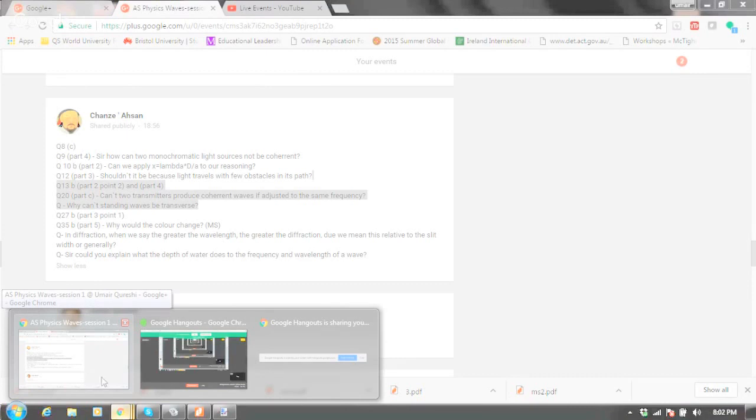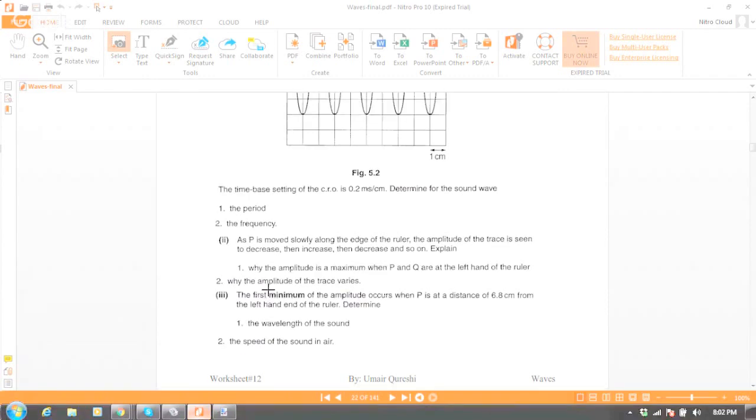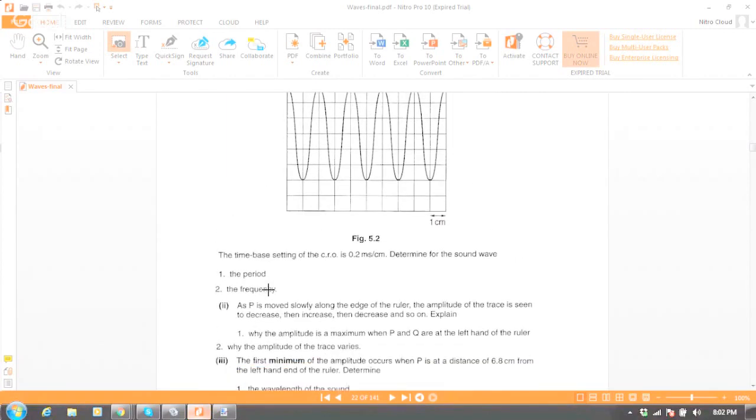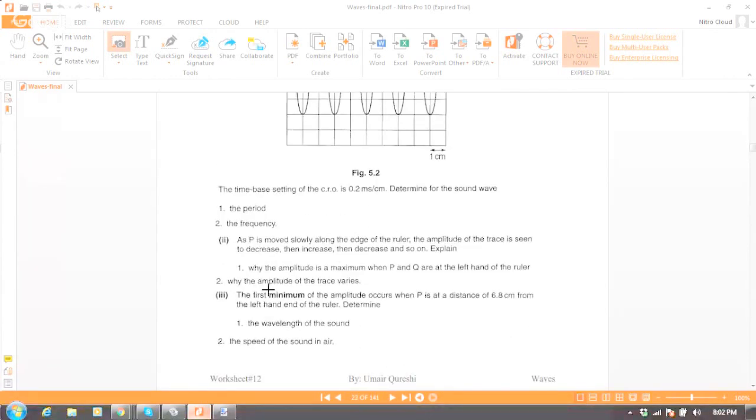Question number 27, part 3, point number 1, part 2. The first minimum of the amplitude occurs when P is at 6.8 centimeter from the left hand of the ruler. Determine the wavelength. So we have to find the wavelength. We have the frequency, and the first minimum is formed at a distance of 6.8 centimeter.